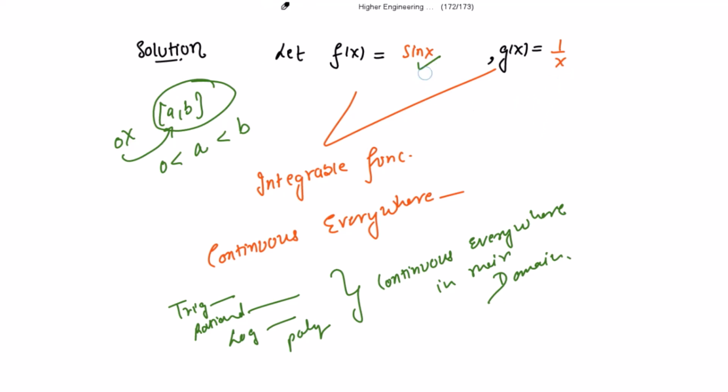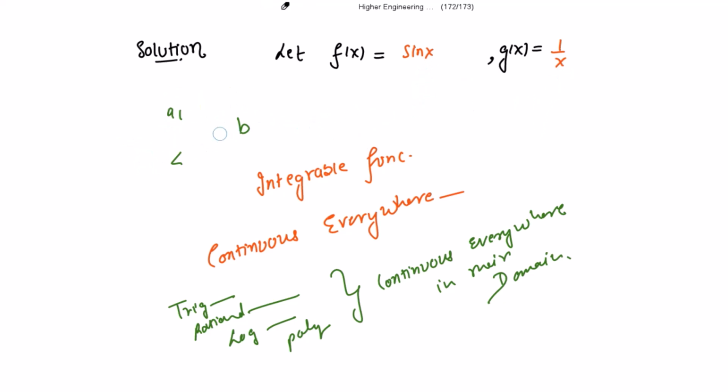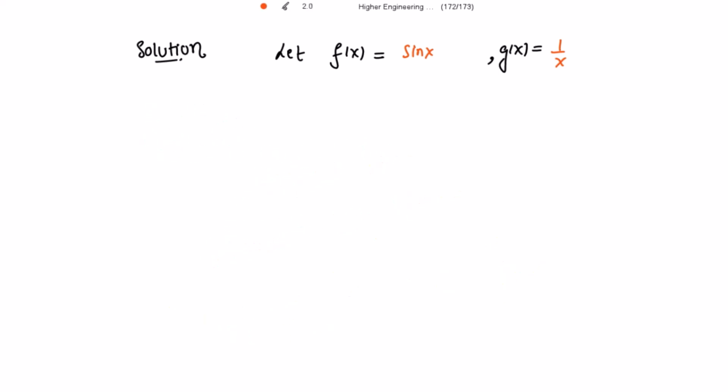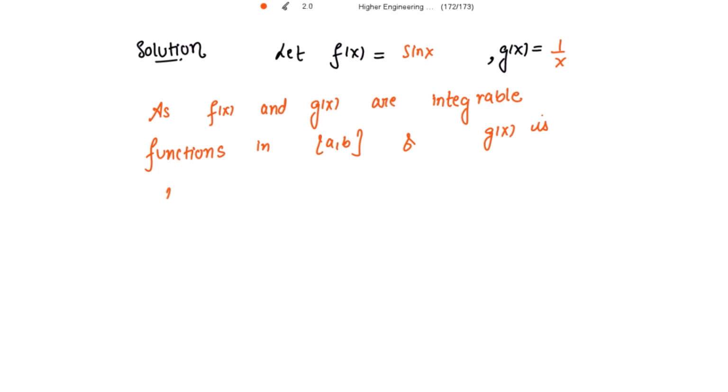And because these functions are continuous everywhere, we are saying that these are integrable functions also. Okay, let's write this as: f(x) and g(x) are integrable functions in the closed interval [a, b], and g(x) is a non-negative continuous function in the closed interval [a, b].